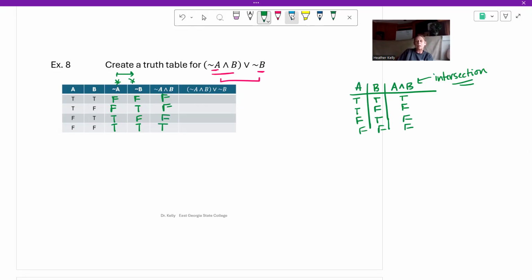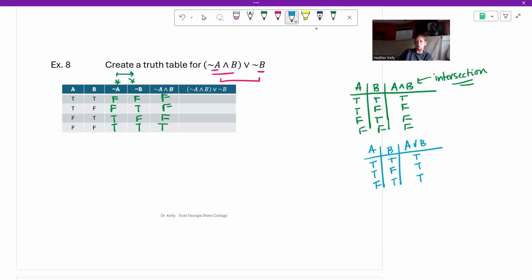And now we need to know our A or B. If it's true in A, true in B, it's true in A or B. If it is true in A, false in B, it is still true that it's in A or B. If it's false in A, but true in B, it is still true.